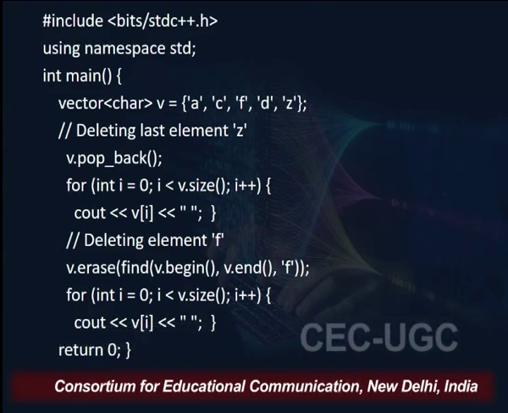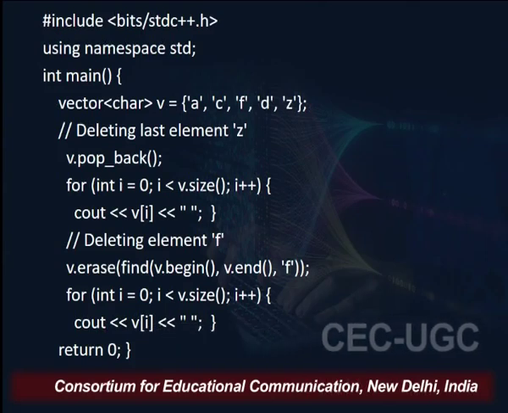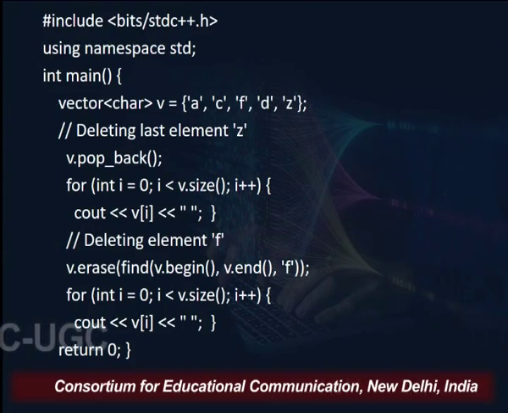So, this code snippet says we have a vector v which has 5 elements a, c, f, d and z, and if we want to delete the last element z, we will simply say v dot pop underscore back. After using this pop underscore back, we have only 4 elements which are a, c, f and d.